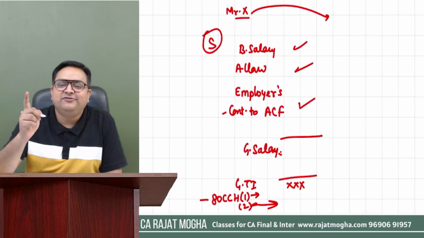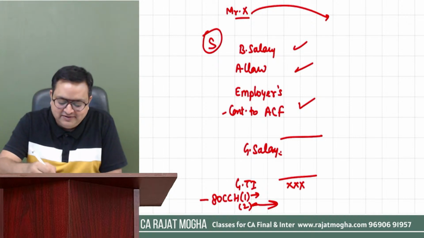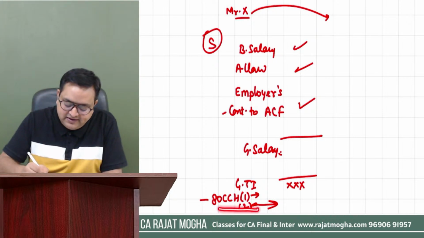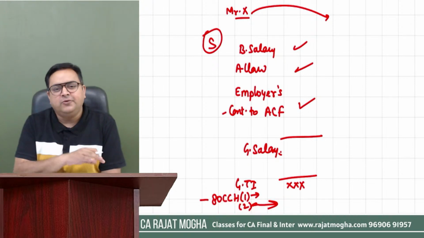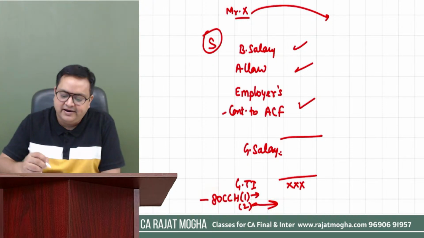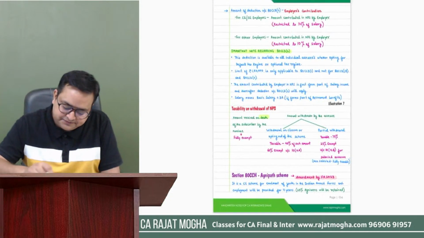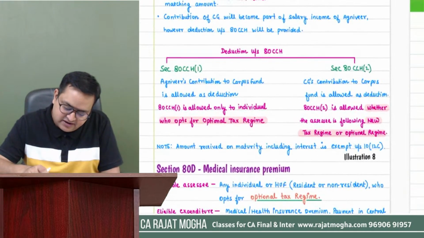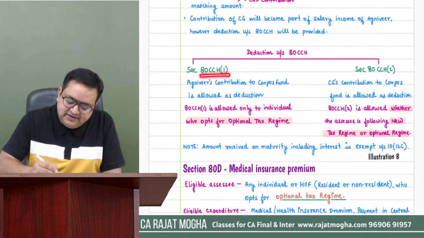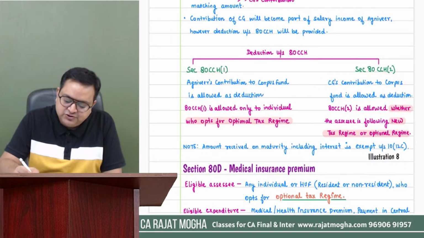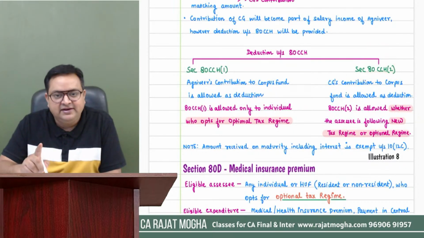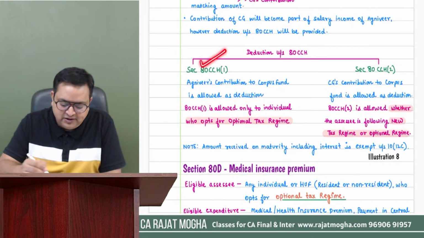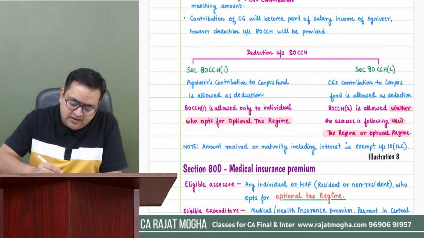Now, if the person is following the new tax regime, then only 80CCH(2) is available. But if the person is following the optional tax regime, both these deductions are allowed. See, it is written over here. So do this by chart. 80CCH(2) is available for the new tax regime, whereas if the assessee is following the optional tax regime, both are allowed.